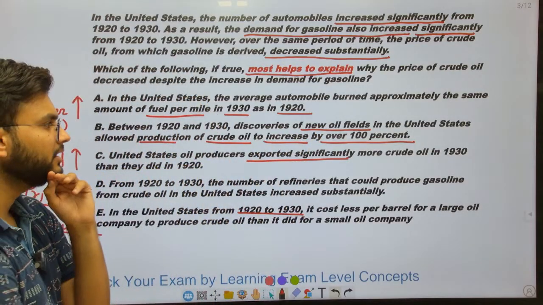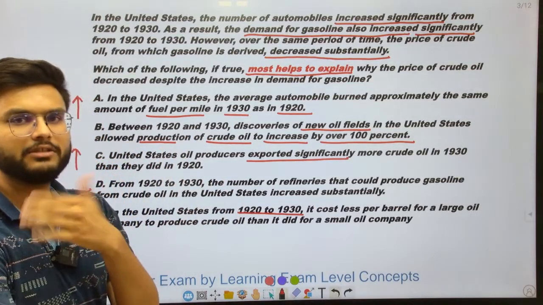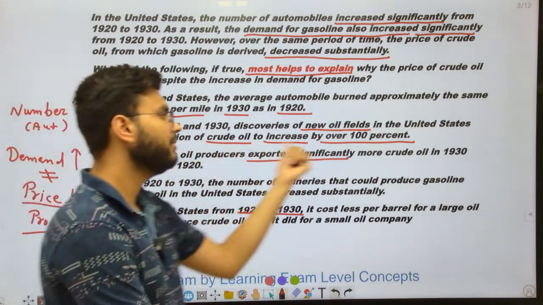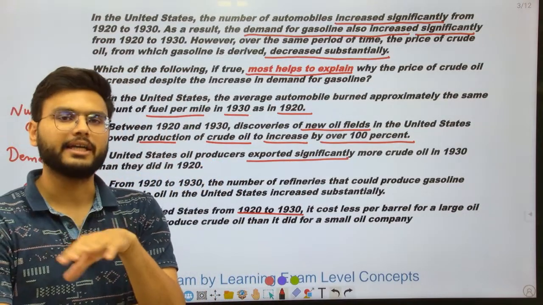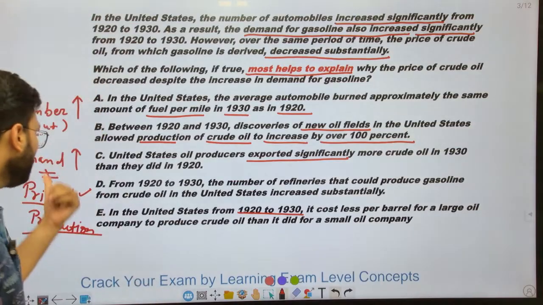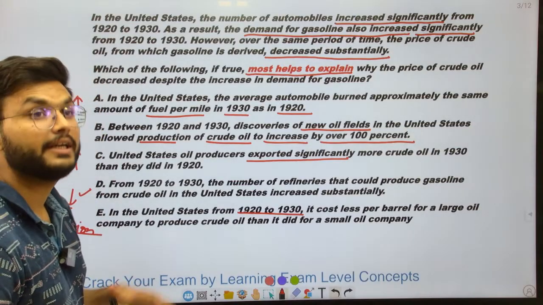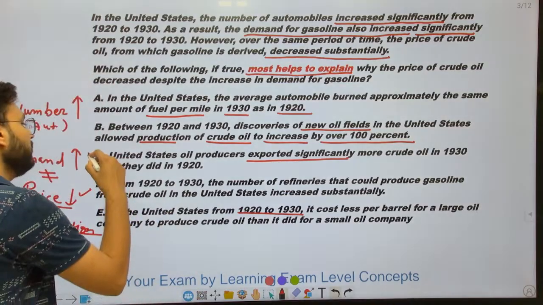All right, it means discovery of new oil fields, then there is an increase in production, and production increases by over 100%. Now it gives me a reason to believe that, all right, this might be a factor of production which has caused your price to decrease rather than increase. So my correct answer will be option number C.